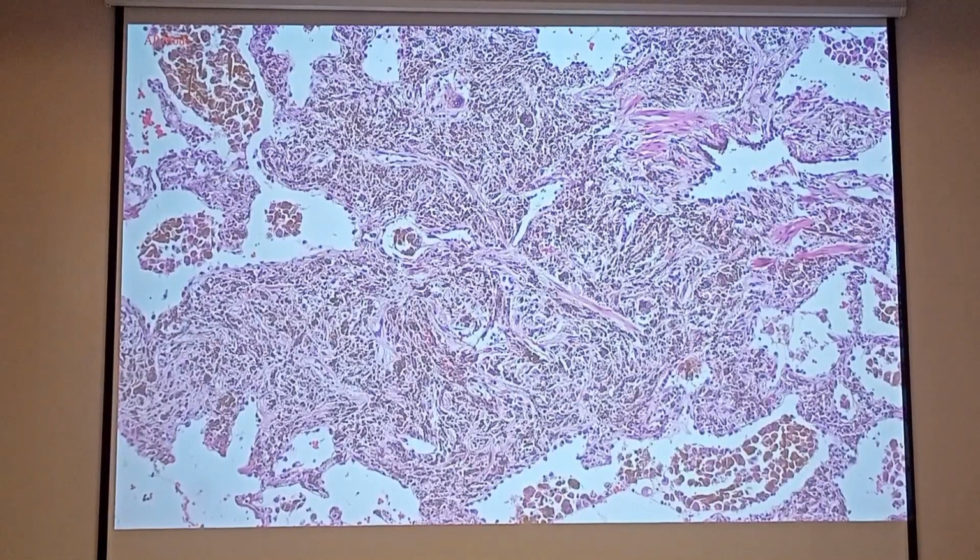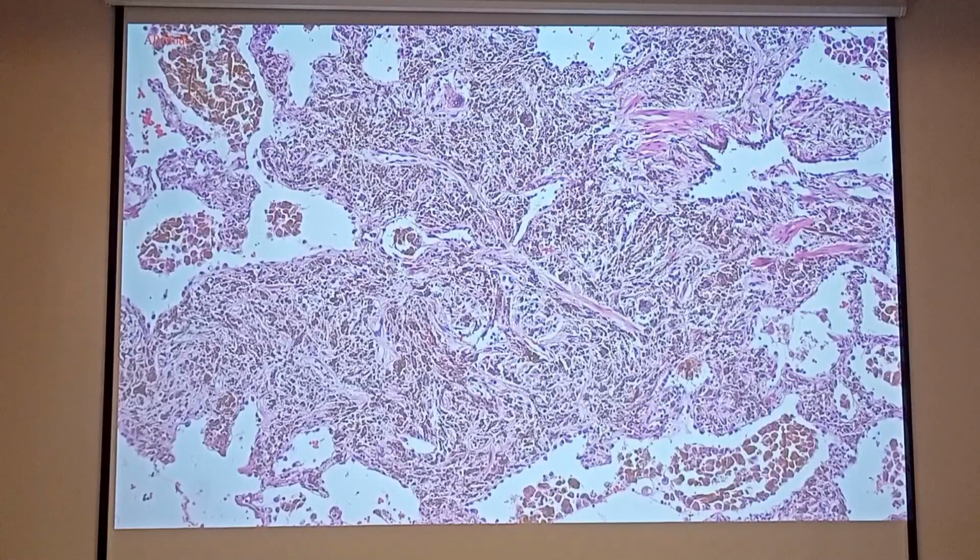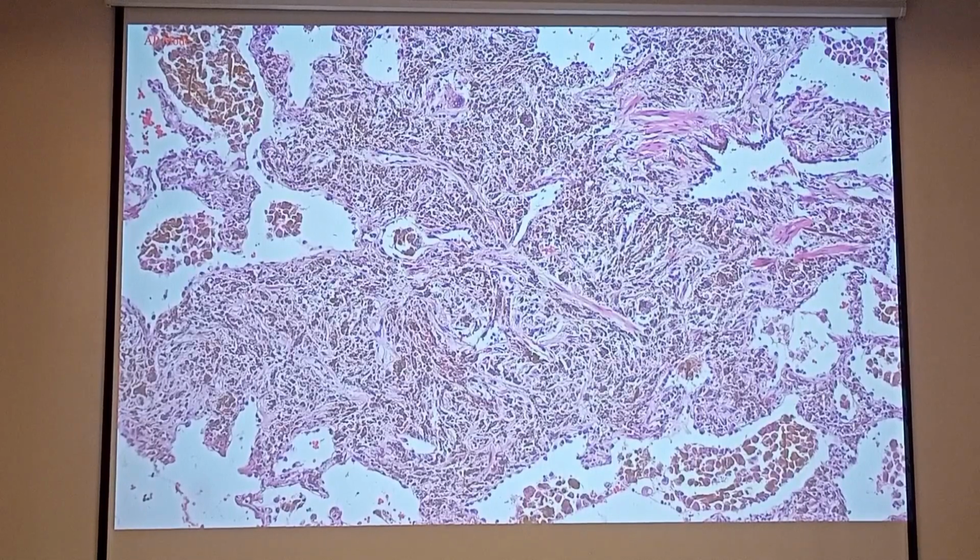In fact, this consolidation is made up only of your smooth muscles, fibrosis, and the pigments. These brown things are pigments. And I think the brownish color elucidates a previous bleeding into this tissue. So this is hemosiderin.